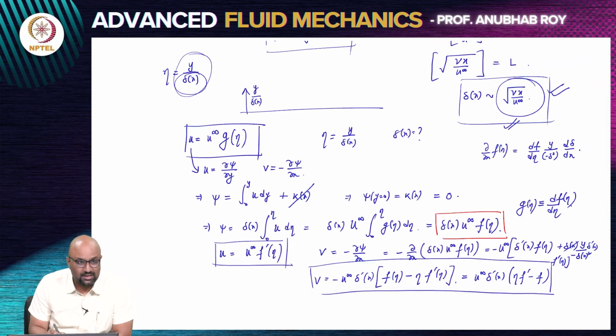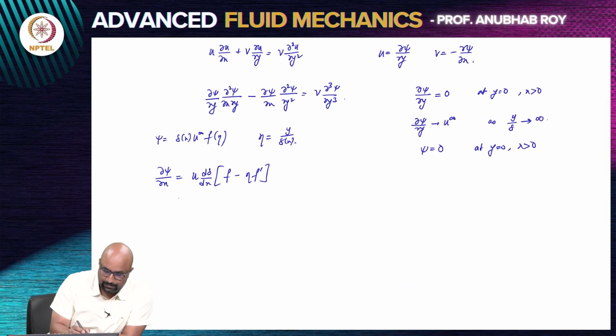V is minus dou psi dou x, which is what we had here. So right now I am writing dou psi dou x here. Okay, so that's one term. Dou psi dou y. What is dou psi dou y? Dou psi dou y is easy because I have delta x here.